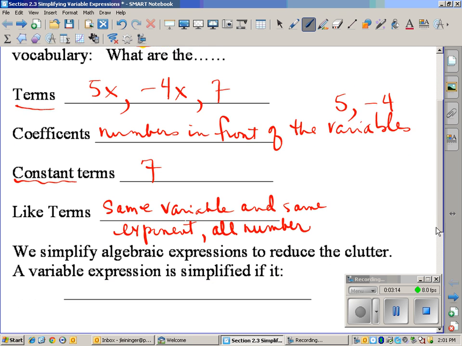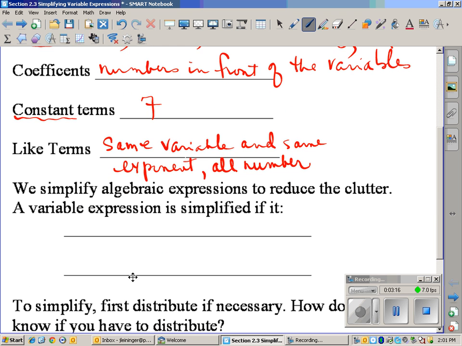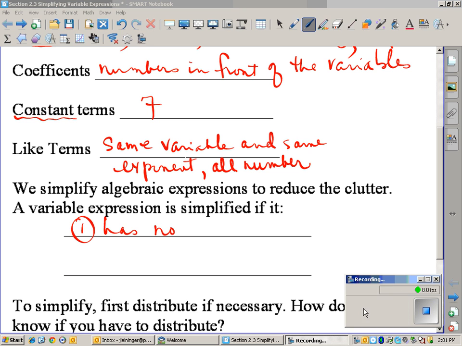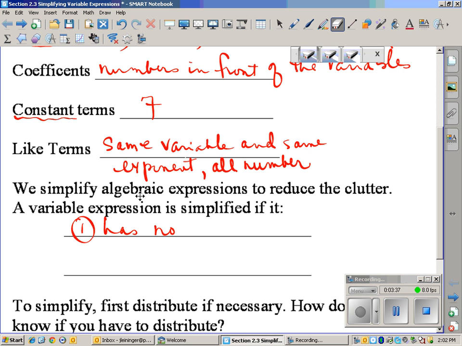So let's fill out this next piece. Here are two rules. To simplify an algebraic expression, you look at your pieces. Let me back this up a minute and erase this and start over. I was getting ahead of myself a little bit.